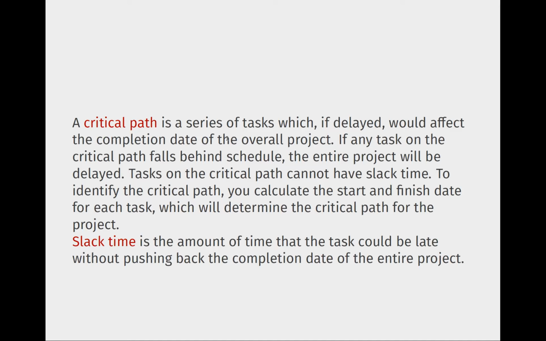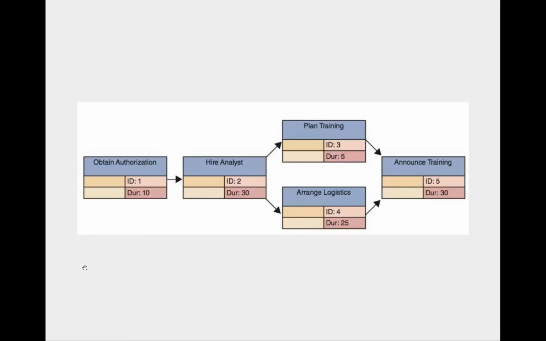And then we have to determine the critical path for the project. That is called the critical path, and there should be no delay in the critical path. If there's a delay in the critical path, it will affect the final project outline. Slack time, on the other hand, is how much time you can take without pushing the completion date of the entire project, without changing anything, how much you can delay. This is known as slack time.